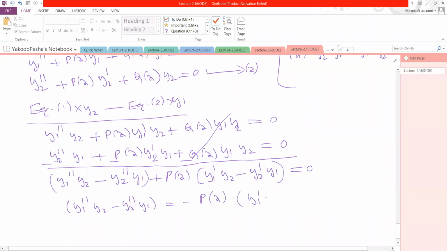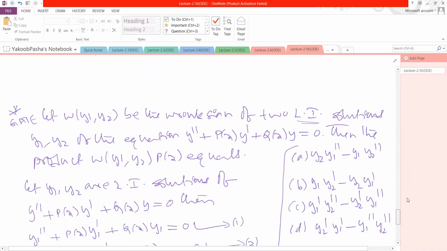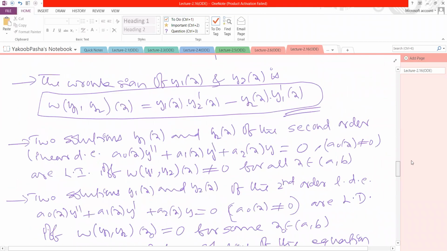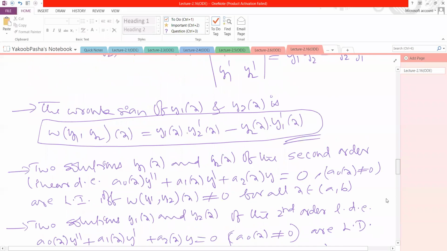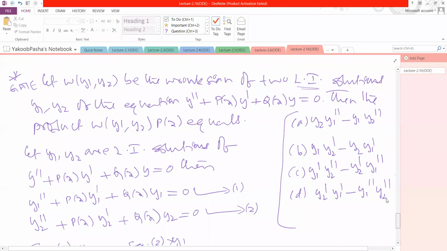y1 dash y2 minus y2 dash y1, as we know that by the definition of Wronskian, Wronskian of y1 y2 is equal to y1 y2 dash minus y2 y1 dash.